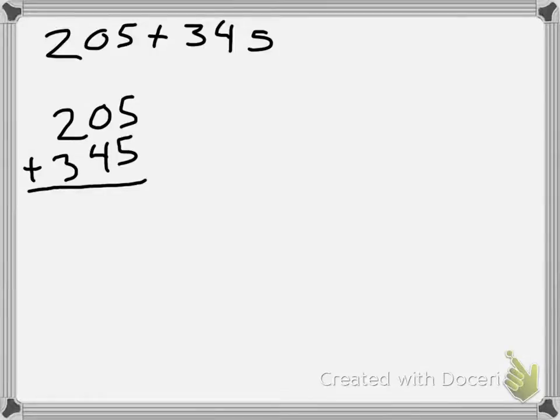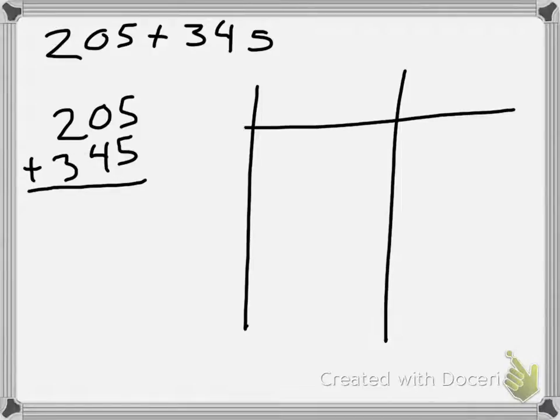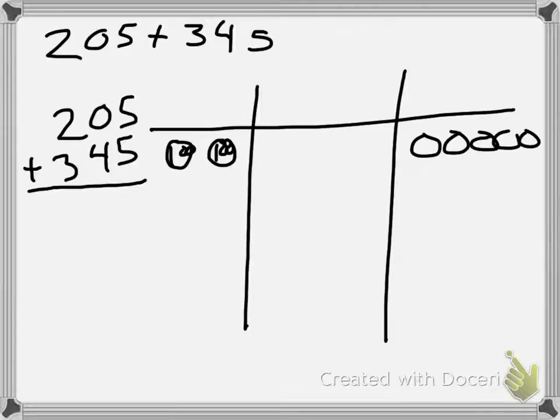I'm going to come over here and I'm going to set up my place value chart. So I've got 100, 200s, and then 1, 2, 3, 4, 5 ones.